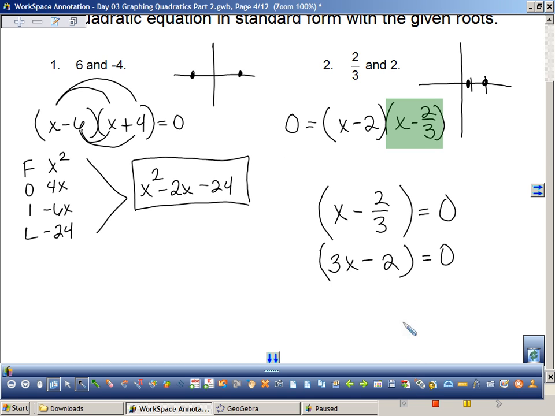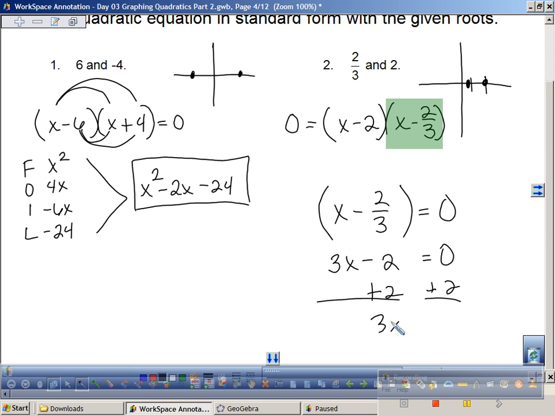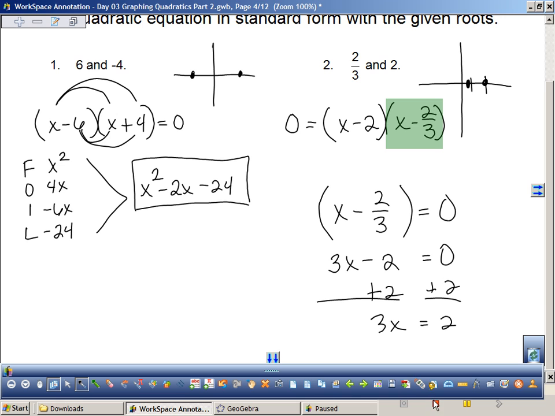When I solve for 0, what happens? What do I do first? Add 2 to both sides. I get 3x equals 2. Then what would I do? Divide by 3. Didn't I get what I started with? So how did I do that?